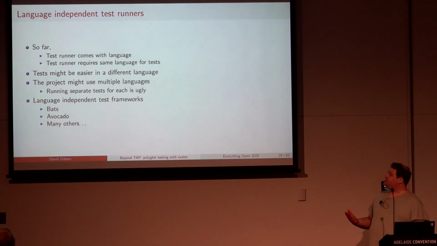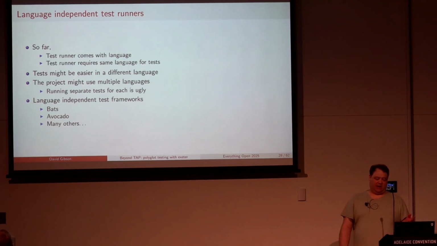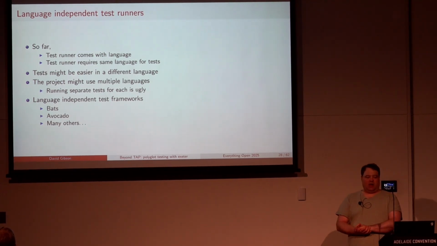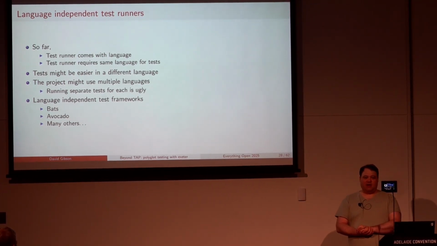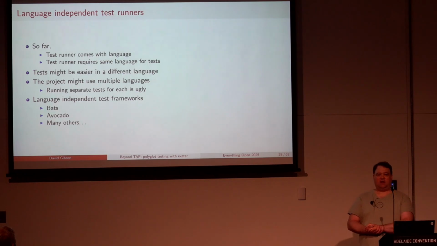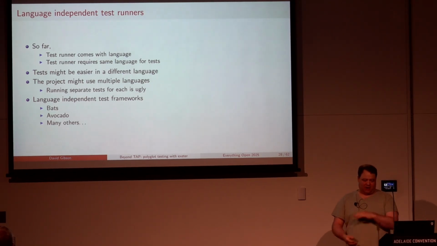Or even if that's not the case, you might have a project with multiple languages involved in it for whatever reason, and you don't want to run separate tests for every language because that's awkward and doesn't give you collated results and blah, blah, blah. So that brings us to language-independent test frameworks. Now, I'm going to talk about a couple here, Bats and Avocado, not particularly because they're the most well-known or the best, but because they illustrate points I have.